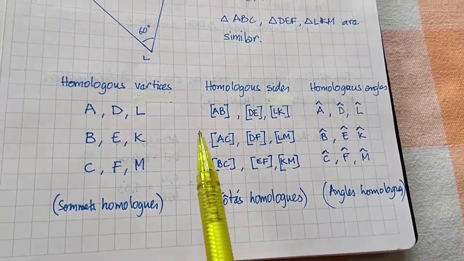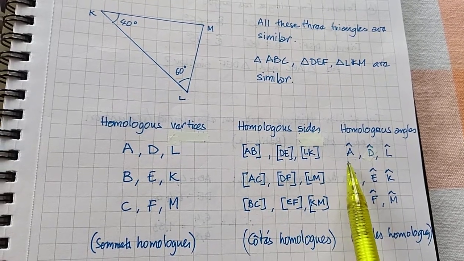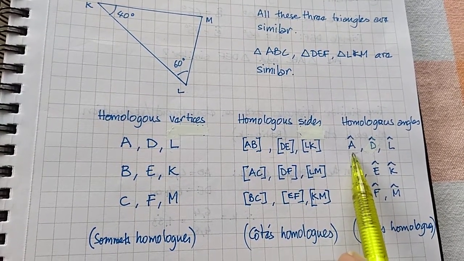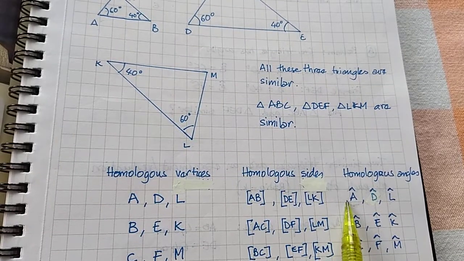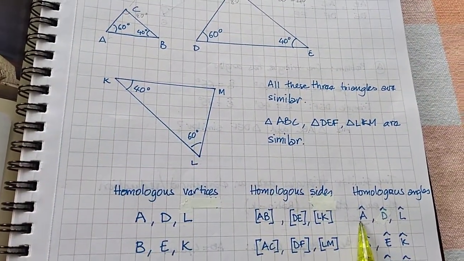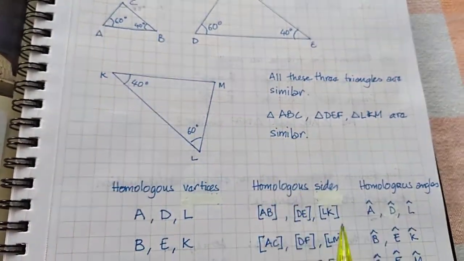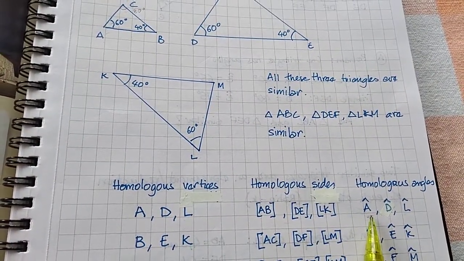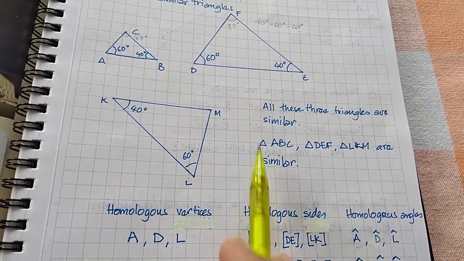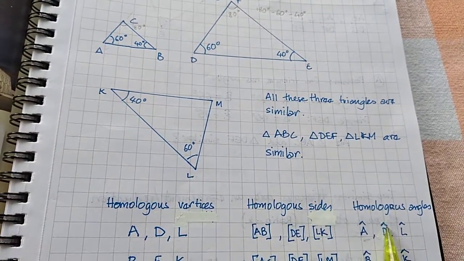One clarification I want to make, because one of you was using this notation. Now this is a shorthand notation of writing an angle. Because there is no ambiguity, there is no confusion, I can write it like this. Typically I should write, instead of A, CAB with a chapeau on top to indicate that it's an angle. Instead of D, I should have written FDE or EDF, same thing.